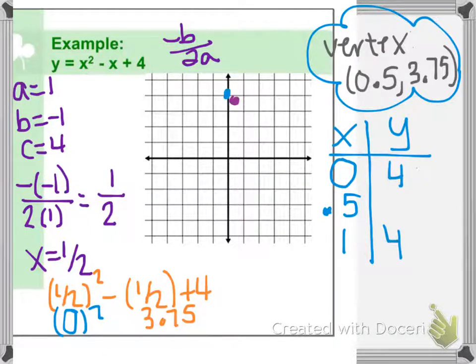3 points is really all you need to see that this graph is going up from the vertex. And you know by looking at that that it has no solution because it's never going to come back down and cross the x-axis. So this answer is no solution.